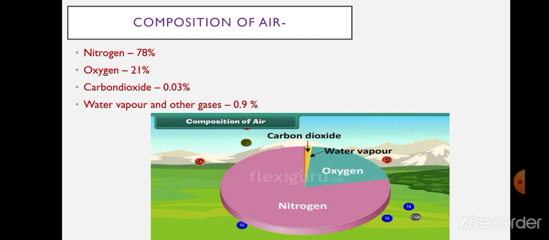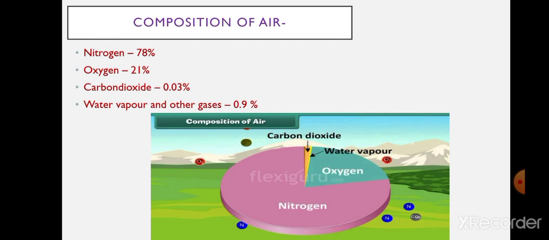That is, air is a mixture of different gases such as nitrogen, oxygen, carbon dioxide, water vapor, and argon. Since these are present in air, they are present in certain percentages. So we'll see how much of each is present in the air.